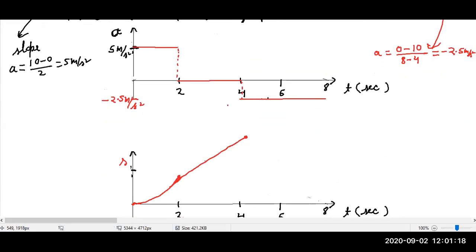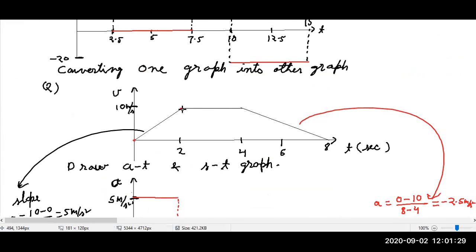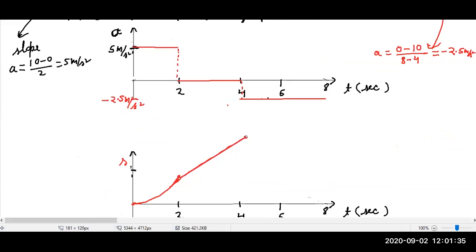This will be a straight line. From here to here it is a straight line. Why a straight line? Because this part is having constant velocity. So it is a straight line going towards the positive direction, upper side.